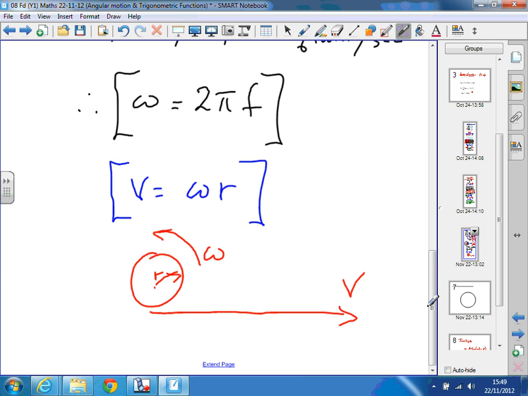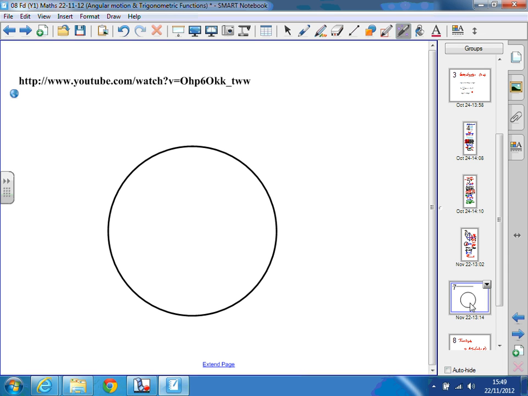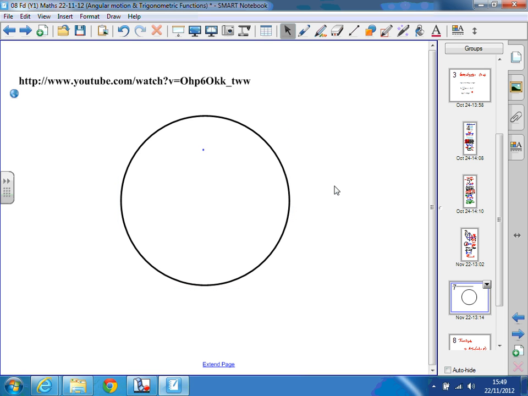What I want to talk about now, though, is the relationship of this with wave functions, and in particular the sine wave function. So let's look back at our circle again, and I've got here a YouTube video, and if you copy the notes afterwards, if you go to this site, copy this site in, then you can get to this link.